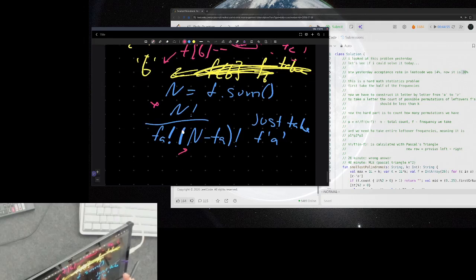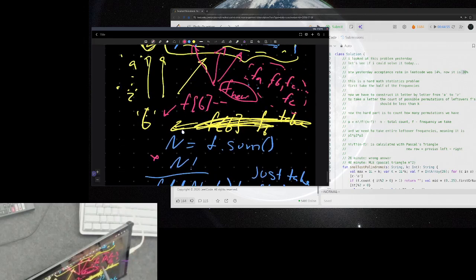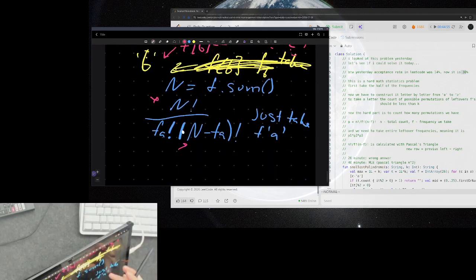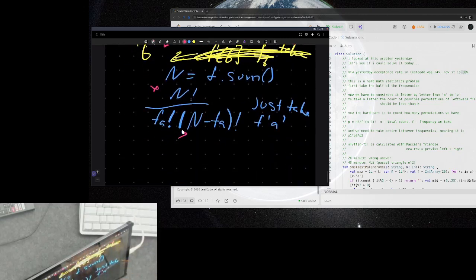And after we take fa, we have to take fb, fc, and so on. So we have to go into our suffix and take all of them. So we kind of multiply it by n minus fa, because we're taking fa. Or basically we can say that we are decreasing the number of leftovers, n minus equals fa.